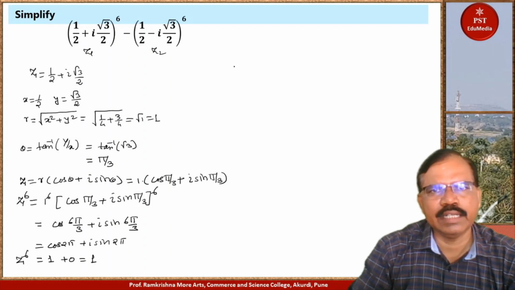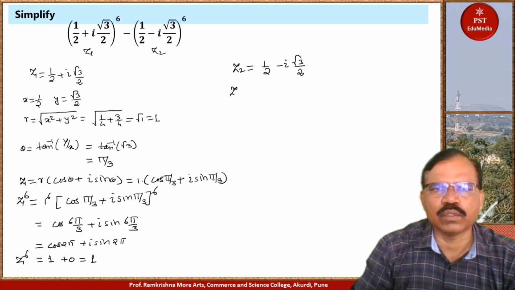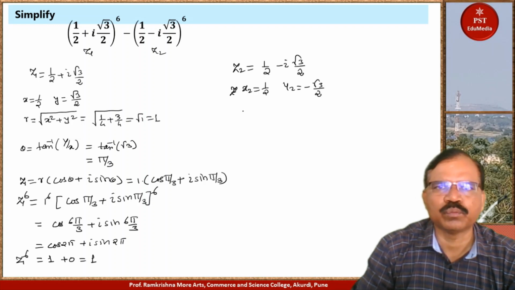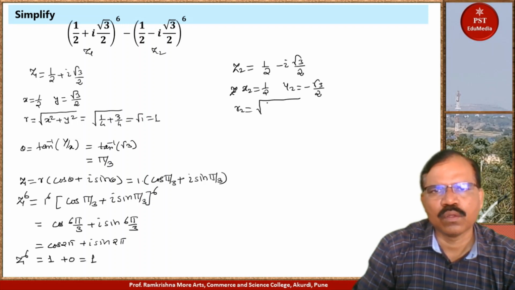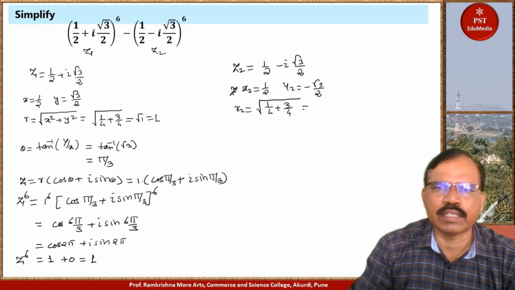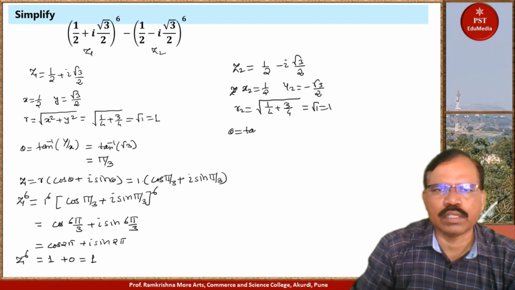Now we can find z2. So z2 is 1 half minus i root 3 by 2. So x2 is equal to 1 half, y2 is equal to minus root 3 by 2. So we get r2 as root of x2 square plus y2 square, that is root of 1 by 4 plus 3 by 4, so this is root of 1, that is 1, and theta is equal to tan inverse y by x.